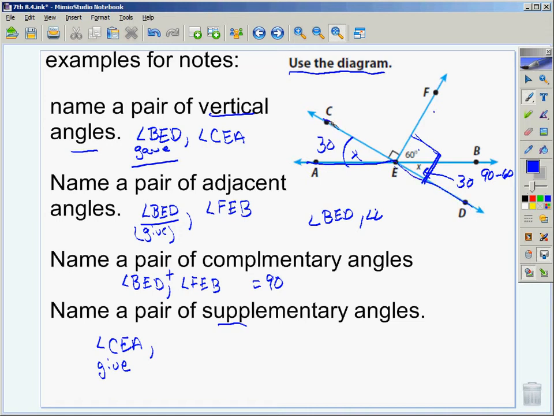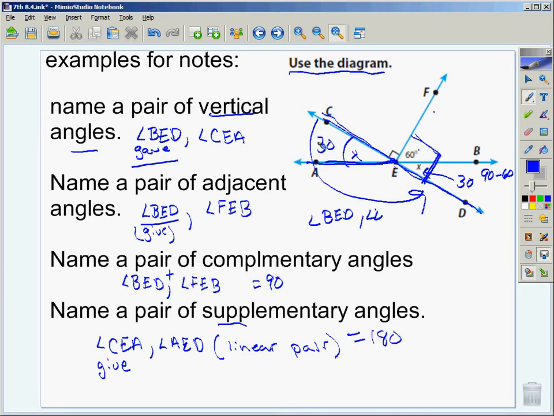And here's how I can tell. When I put these two angles together, they form a linear pair. They're a pair of angles that form a straight line, which means they're going to add up to equal 180.